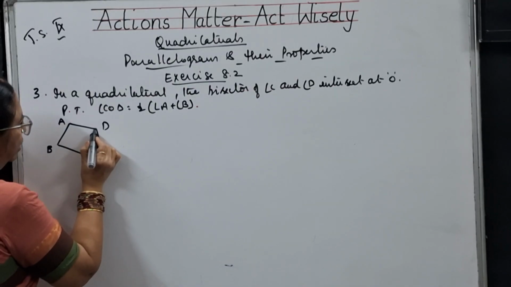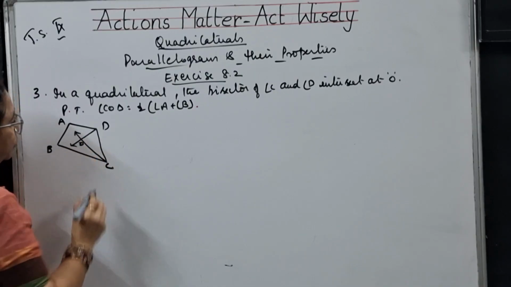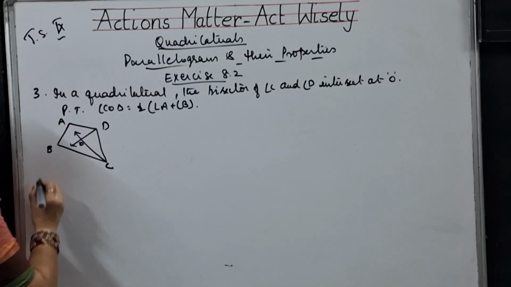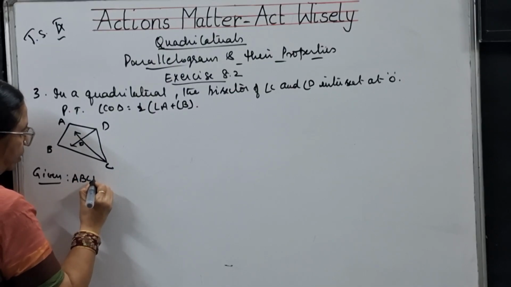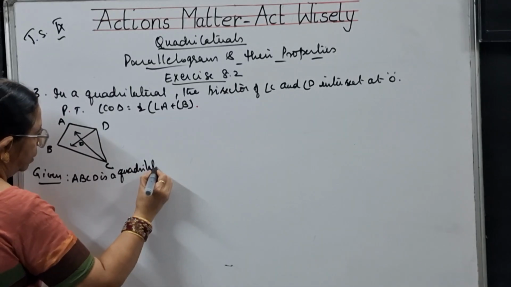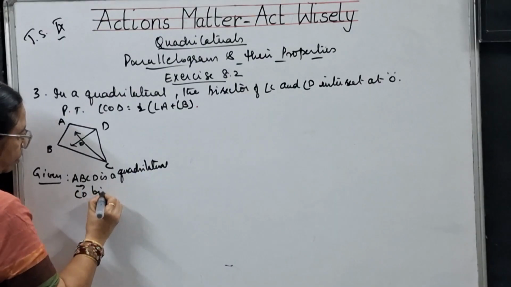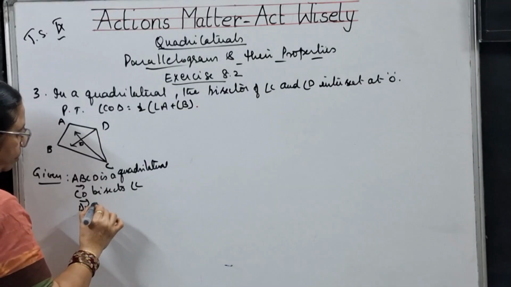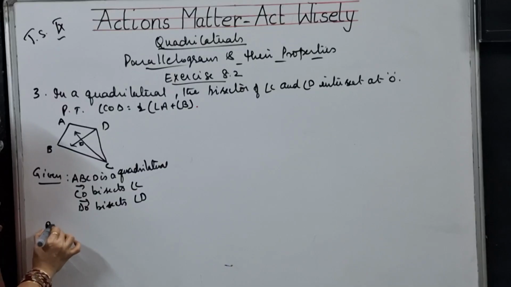The bisectors of angle C and angle D intersect at O. You need to prove that angle COD is half of angle A plus angle B. So what is given to us? ABCD is a quadrilateral and CO bisects angle C and DO bisects angle D. Now what is RTP?